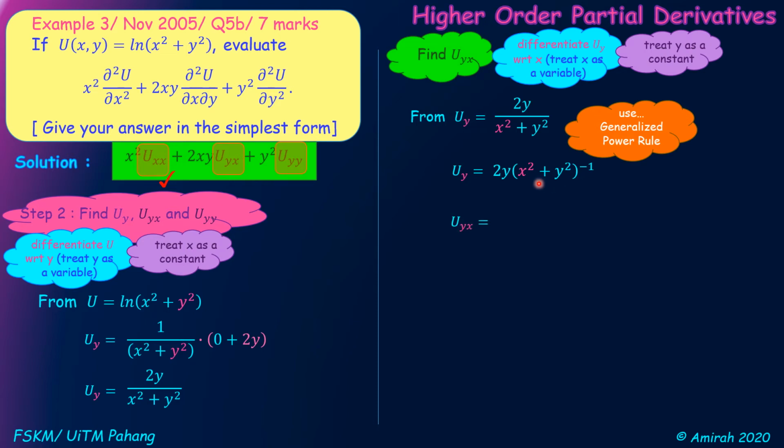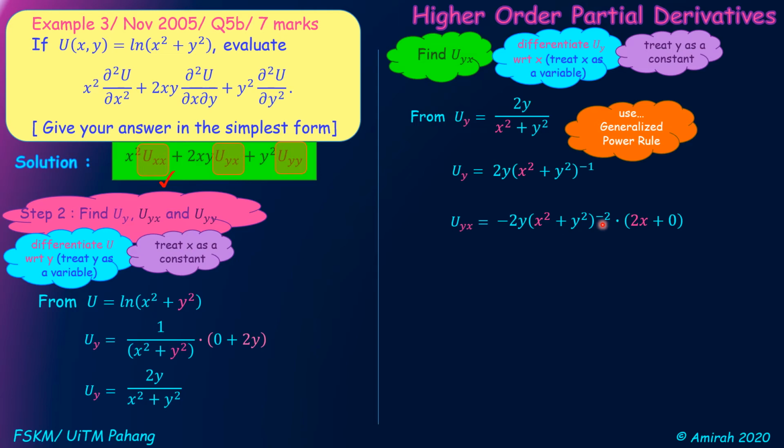From here, we differentiate uy with respect to x, and the symbol is uyx. We move the power in front, we still have the constant, and then we copy the function inside the bracket, x squared plus y squared, and then we reduce 1 from the original power, meaning -1 minus 1 equals -2. And after that, we differentiate the function inside the bracket.